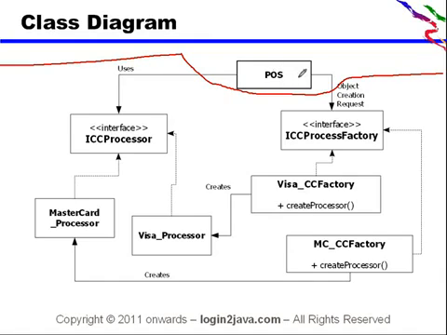So based on that information, the POS creates either the Visa CC factory. So it will send that request. So again, see, this is an interface, the credit card process factory interface. This interface will give the factory instance for either Visa credit card or for MasterCard.